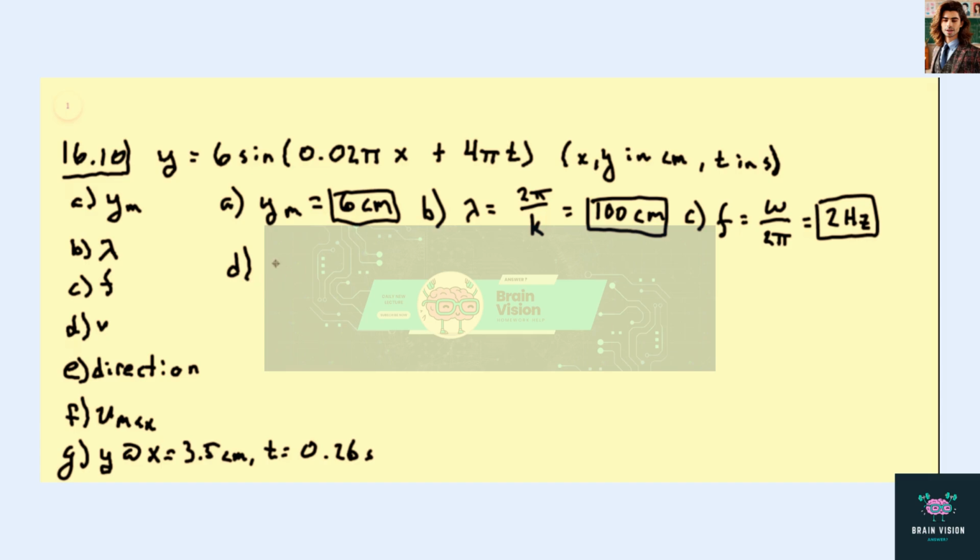So the wave speed obeys the relation that it's equal to the product of the wavelength and the frequency. And we just found both of these things. So this is going to be 200 centimeters per second.